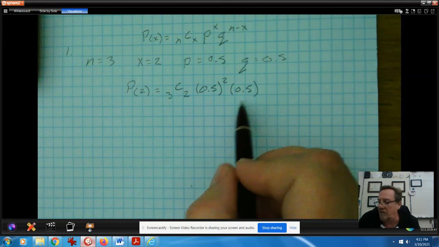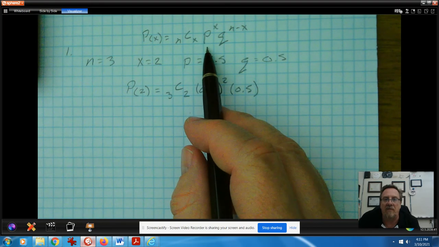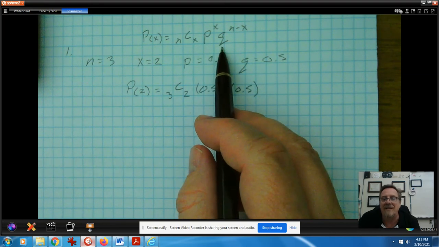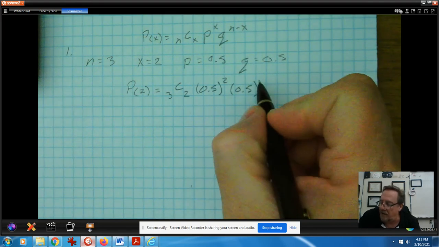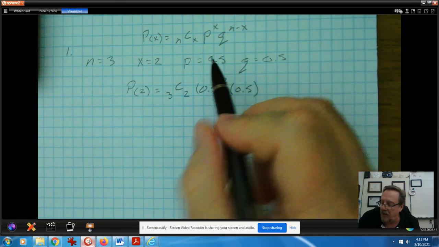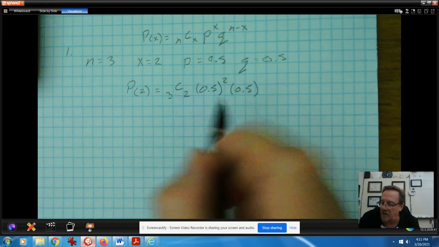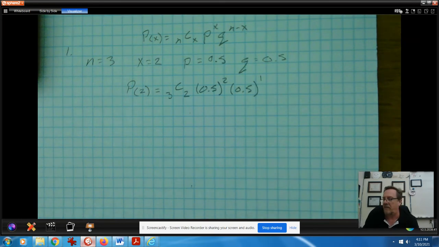Remember, P stands for the probability of what you're looking for. Q stands for the probability that it's not what you're looking for. In this case, it's a 50-50 shot, so we've got 0.5 for both of these, but 3 minus 2, because you have n minus x, is 1, so that's the first power.